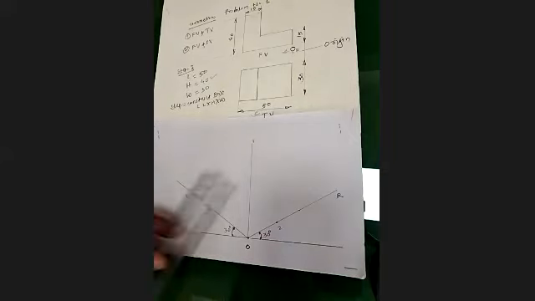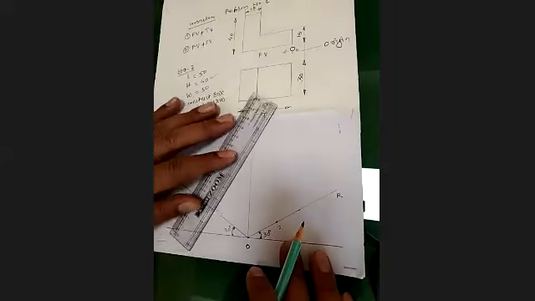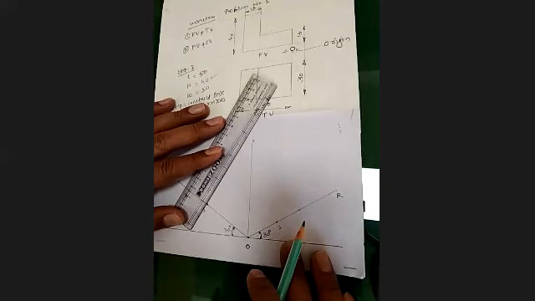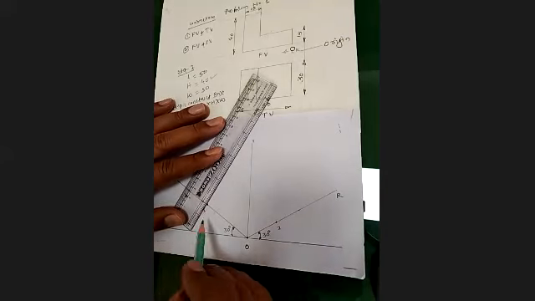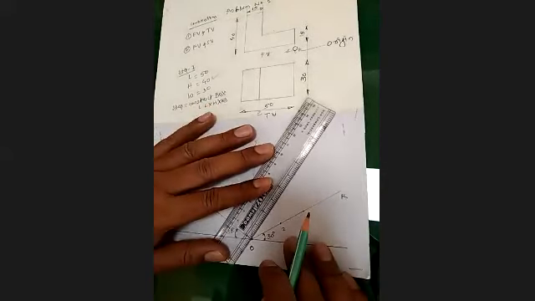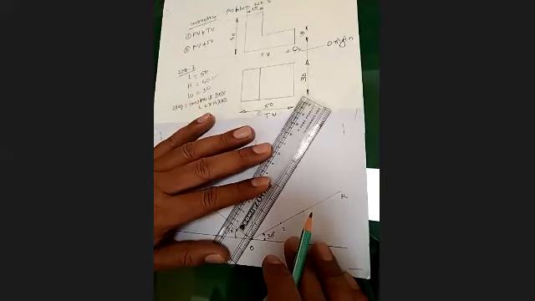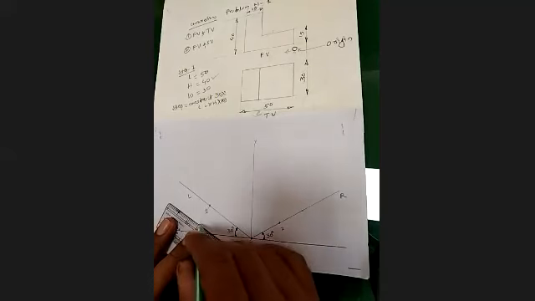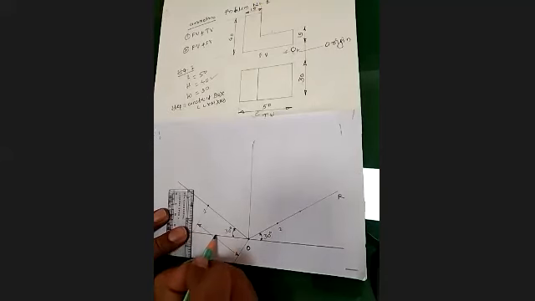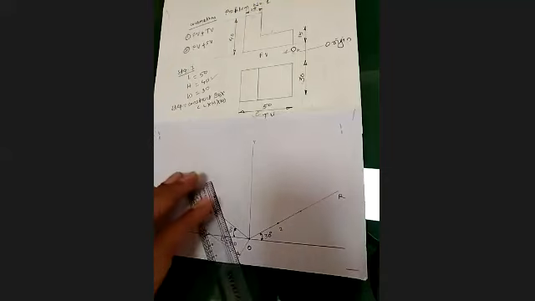So this is the length. If we draw it perpendicular to this left axis, from here and even from here, I can give the dimensions as this is going to be the length, and length here is 50.